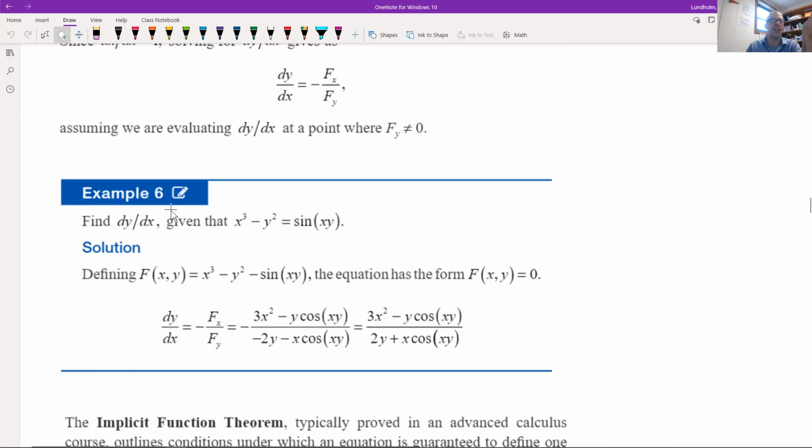Actually, finding dy dx here is something that we probably could do with the implicit differentiation stuff that we've done so far.